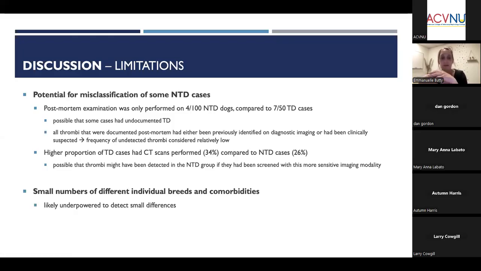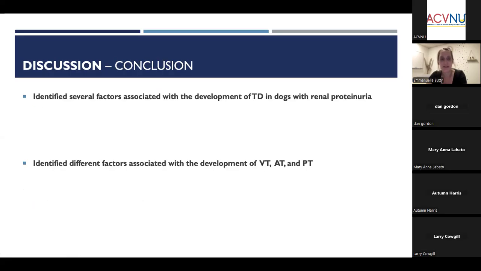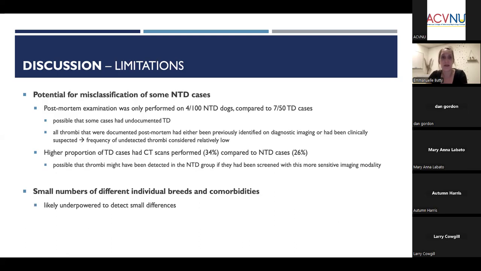And of course, there was a large amount of comorbidities and a small amount of each of these comorbidities, so it was likely underpowered to detect any small difference between the comorbidities to show any significant difference.